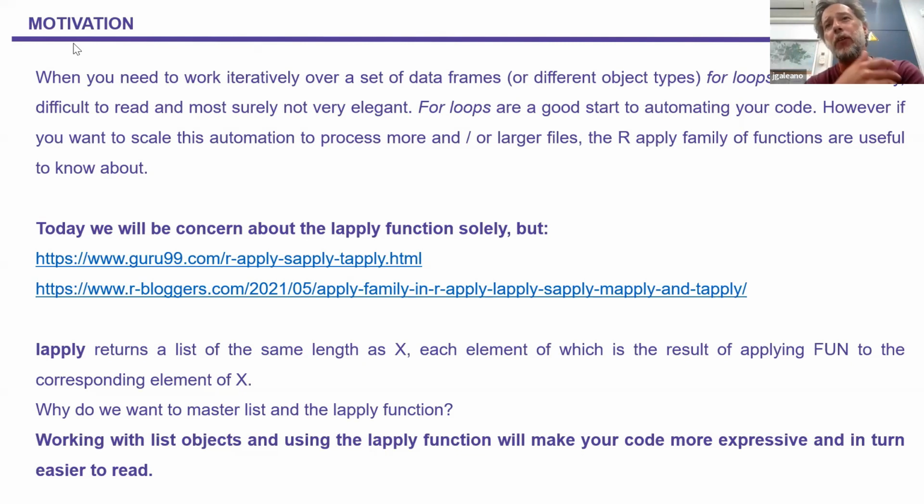For loops are great for starting to automate a process of working with big data sets. But if we want to scale this automation process to process more or larger files, I think it's convenient to be familiar with the apply family of functions in R.